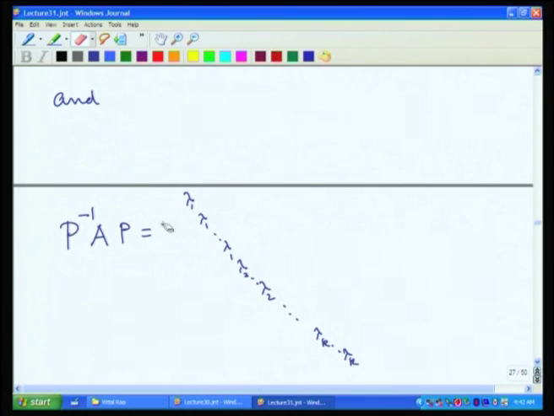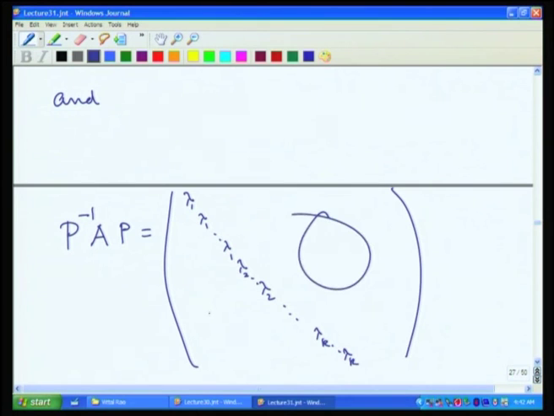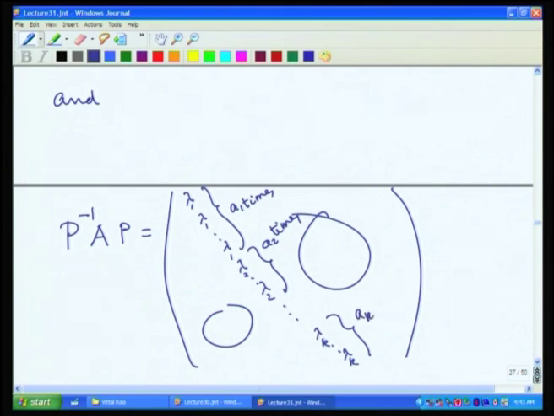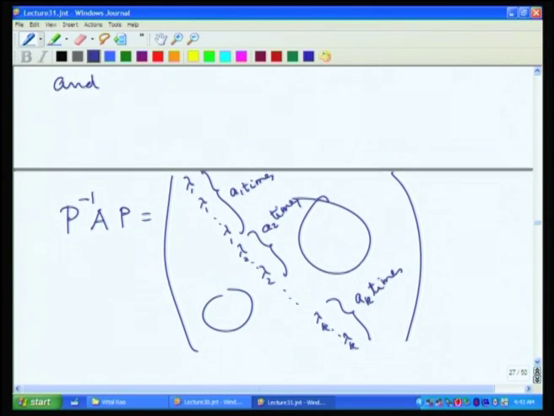So, this will be a huge diagonal matrix, and this is n by n. Lambda 1 will appear A1 times, lambda 2 A2 times along the diagonal, and finally lambda k AK times, and A becomes diagonalizable.